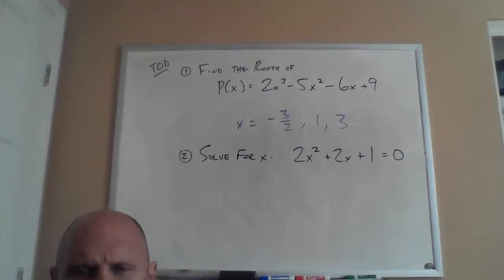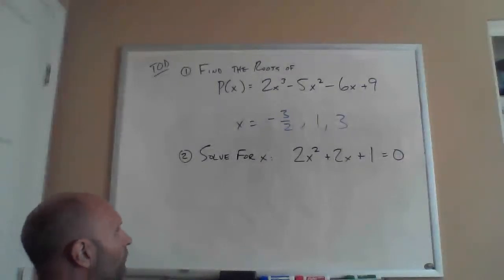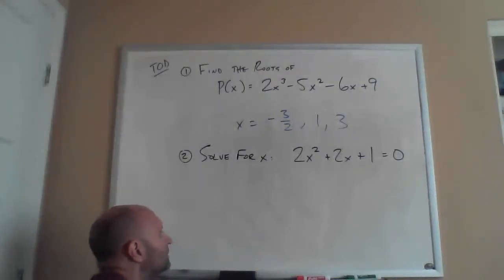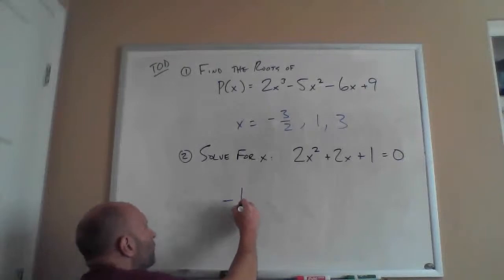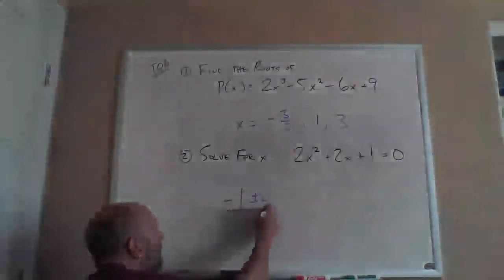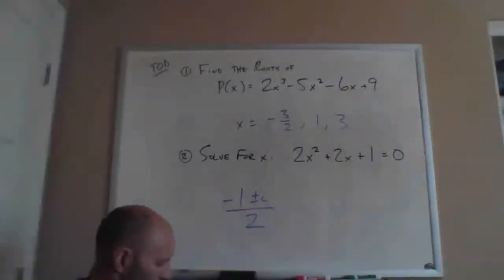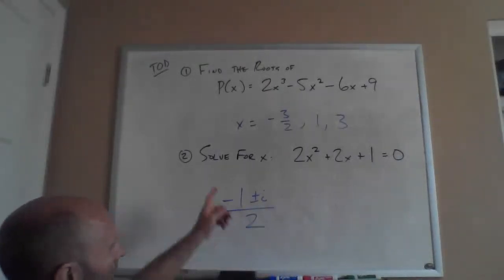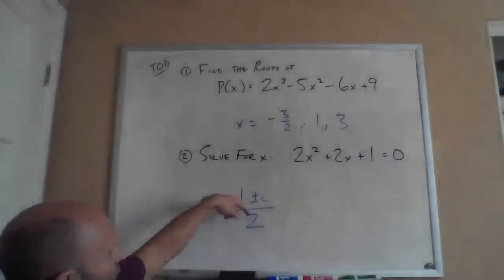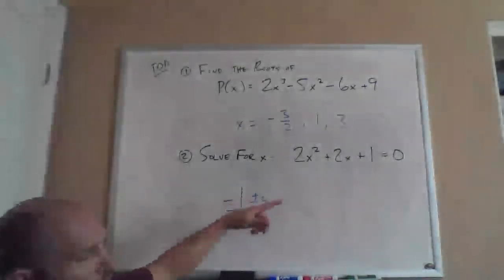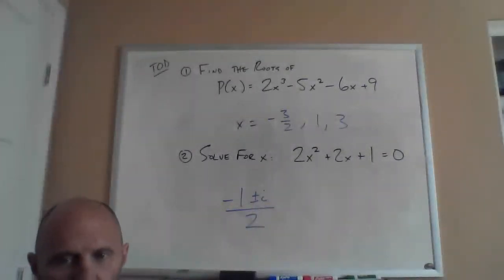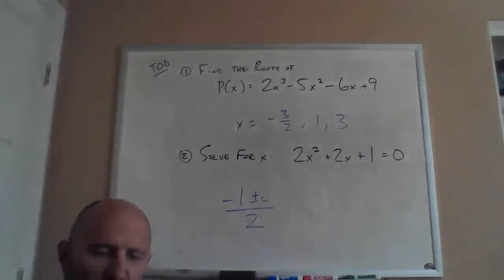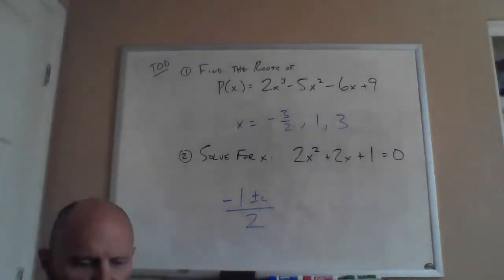Shelby, yes, that's right. So for number 2, your answer is -1 plus or minus i over 2. Or if you break it apart, like Shelby has, -1/2 plus 1/2 i, -1/2 minus 1/2 i. That's okay. I just want to make sure that you don't cross them up on the exam.